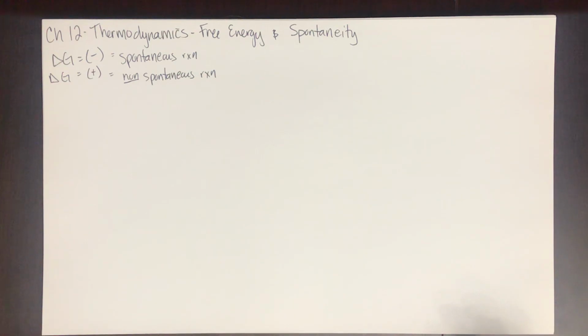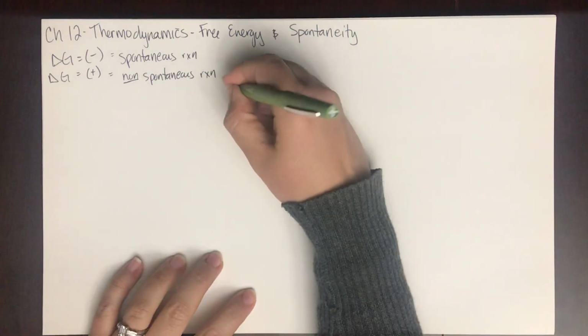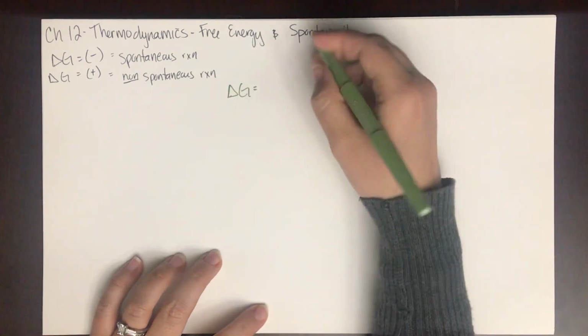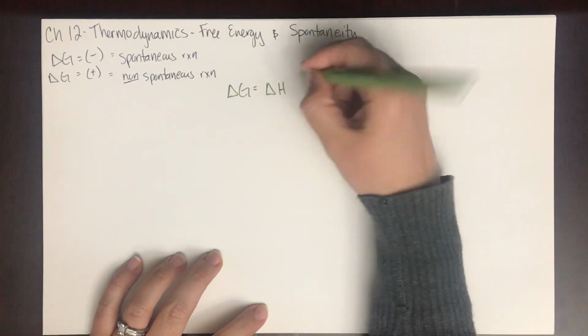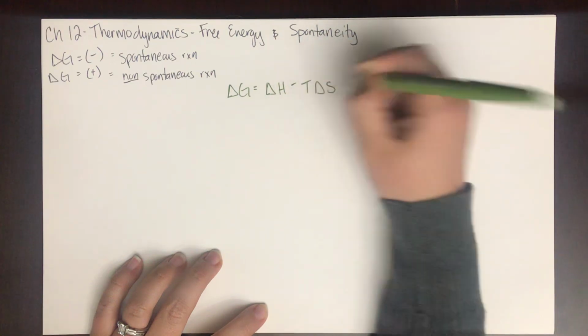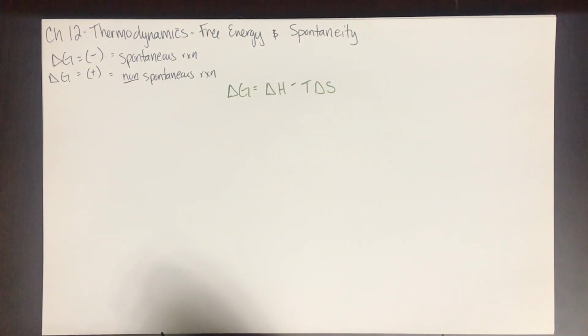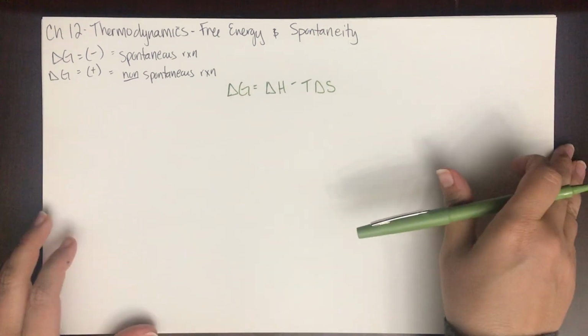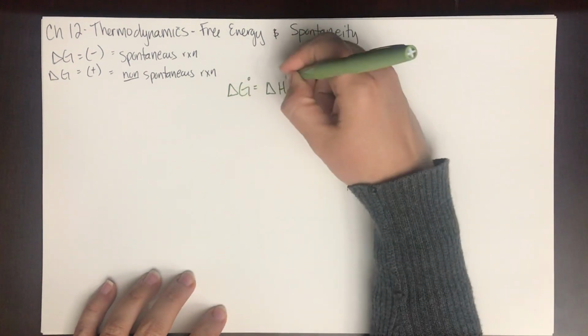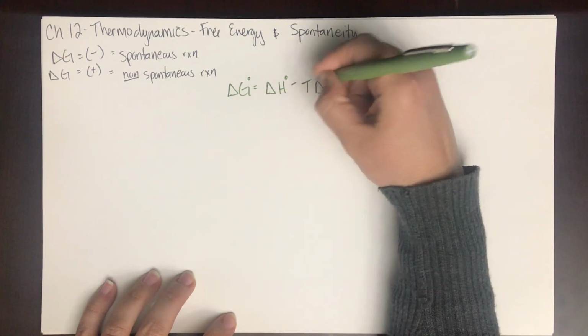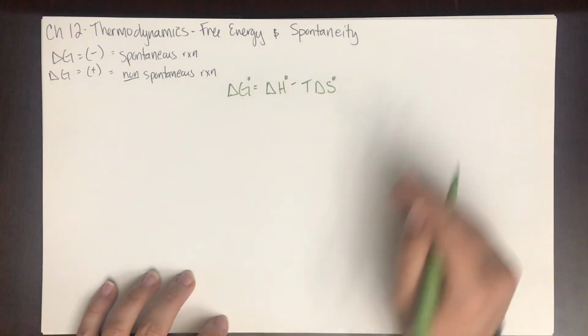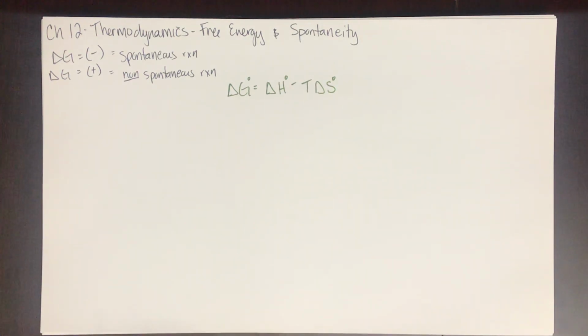The relationship of delta G to delta H and delta S, enthalpy and entropy, is delta G equals delta H minus T delta S. We can also use this for the standard free energy: the standard free energy equals the standard enthalpy minus T times the standard entropy. Those are just standard conditions, which are what are going to be published when you're looking up these values.